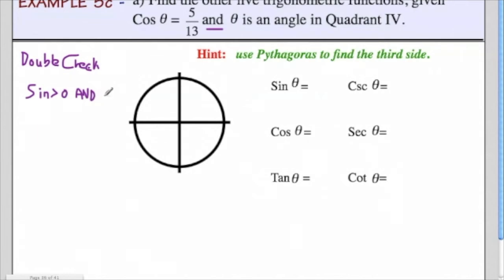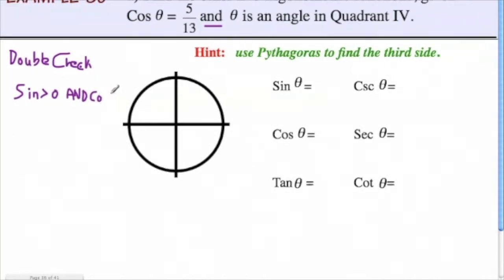And let's say cot is less than 0. So what I would do if I was given this information is I do my little checklist.